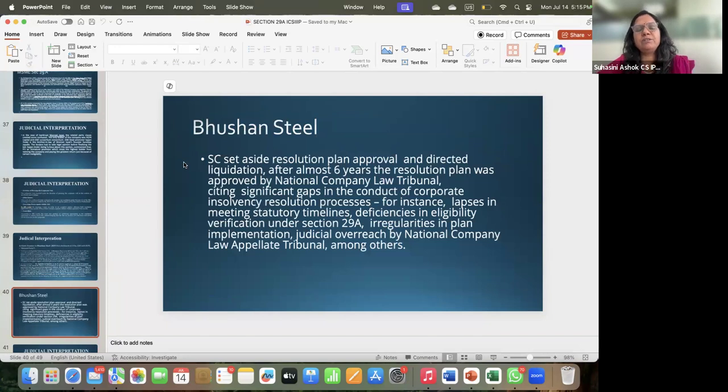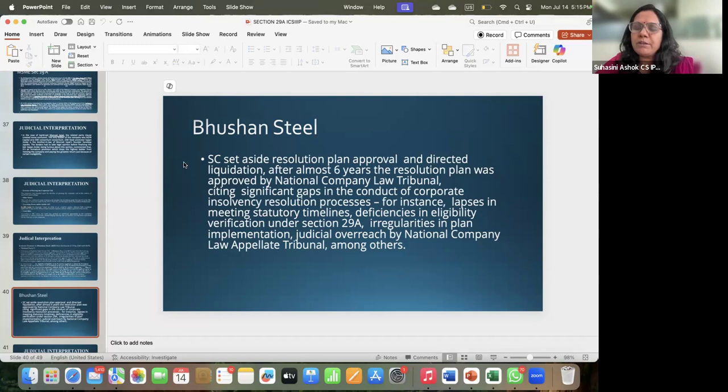So here the Supreme Court has set aside the resolution plan and directed liquidation after almost 6 years. The plan was under implementation, just because there were significant gaps in conducting the CIRP process, like not meeting the CIRP timelines within statutory fixed timelines, deficiency in eligibility criteria verification of Section 29A, then irregularities in plan implementation.